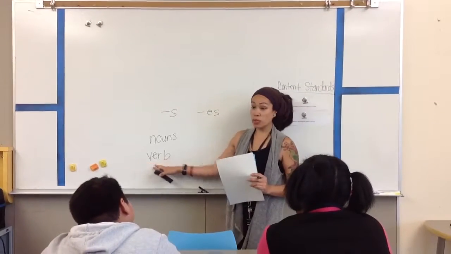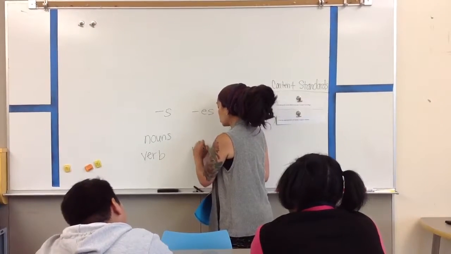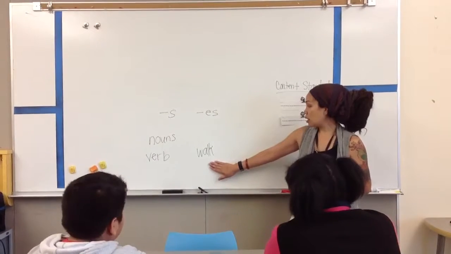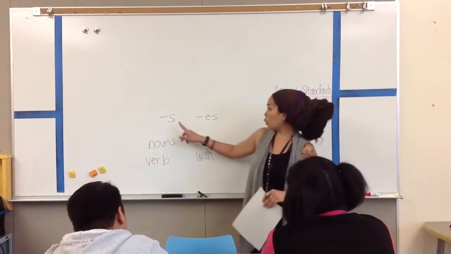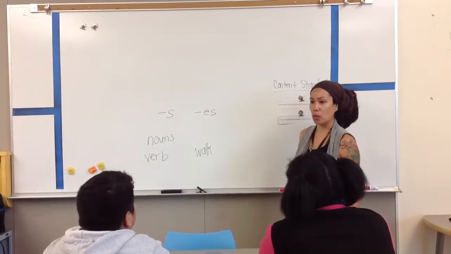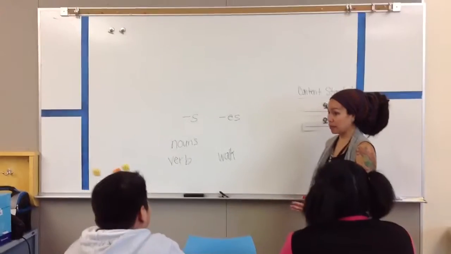And then there's also verbs. So here's an example using a verb. Walk. We're going to use S or ES to make, does it make it plural? Does it make it more than one walk? No, but it changes the tense, right?